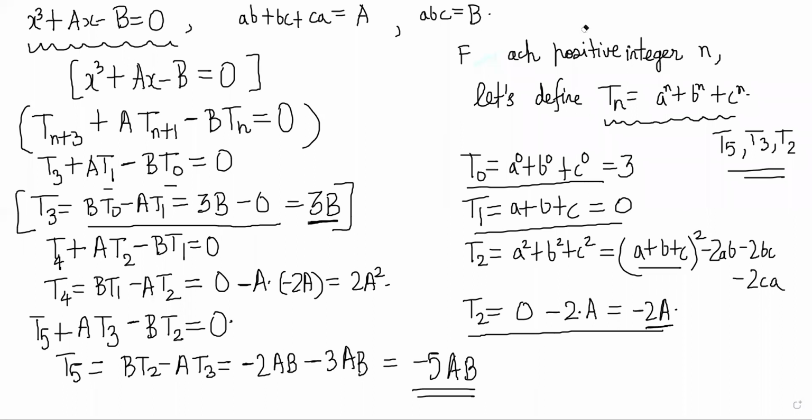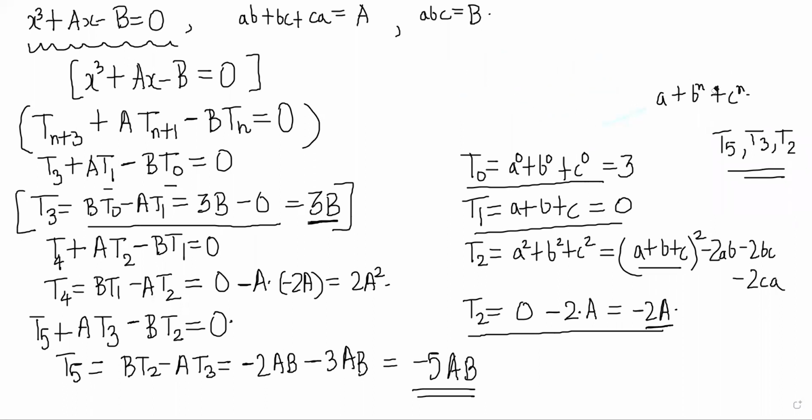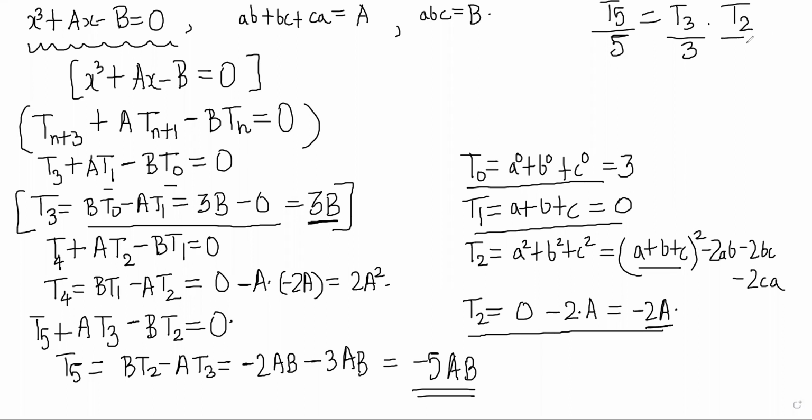What I wanted to prove initially was T5/5 is equal to T3/3 multiplied by T2/2. Now you notice here T5 we have already found. So T5/5 is equal to minus AB.